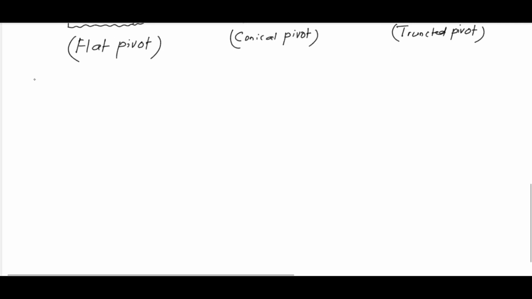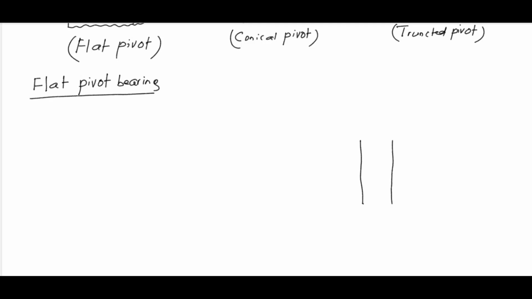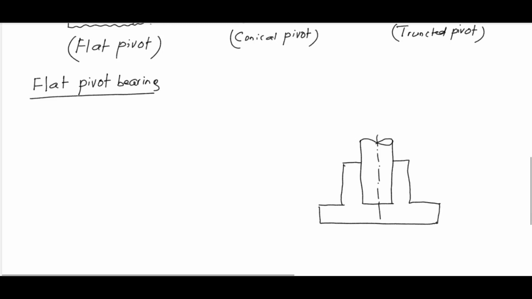So coming to this flat pivot bearing, let me draw it once again. We'll indicate the hashed portion.